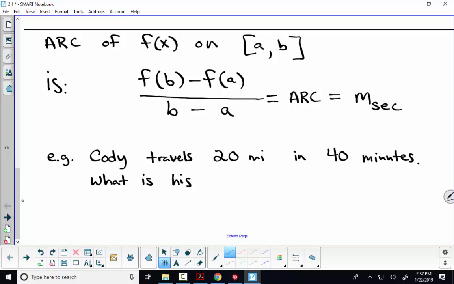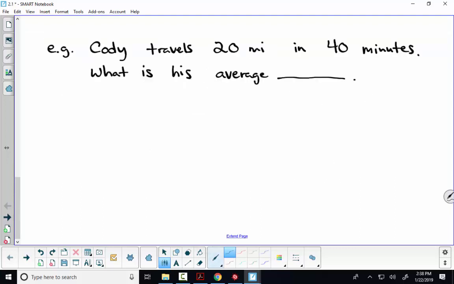What is my average? We'll fill in the rate of change part in a second. What rate of change, though, are we measuring? A velocity, right? So we have time.